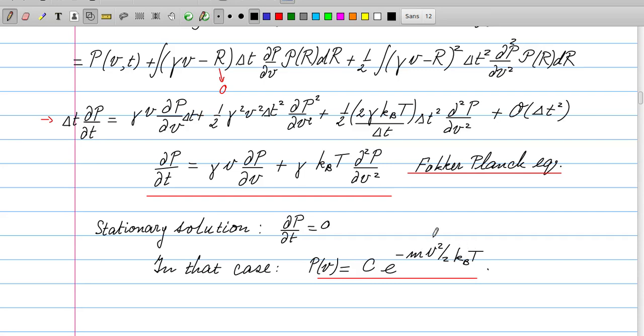If I put this left-hand side equal to 0, I can drop out the gammas. So the gamma, the friction coefficient, no longer occurs in the equation. The solution just depends on kBT, and I find that this is the Maxwell-Boltzmann distribution.